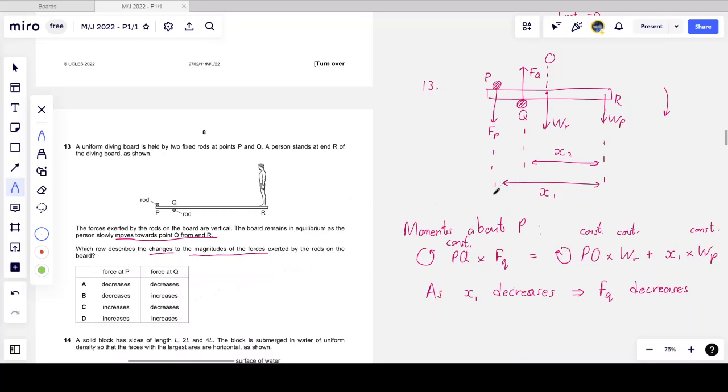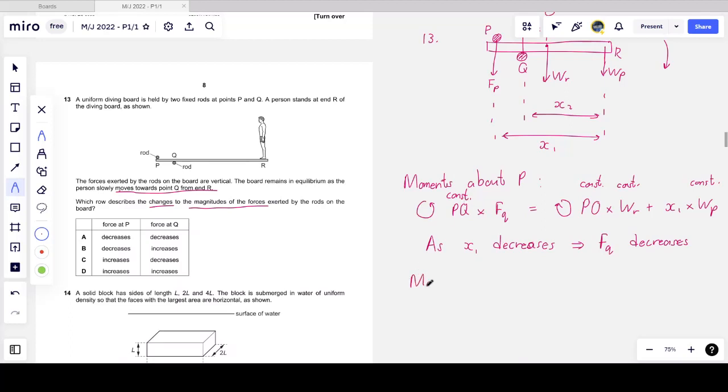So if I do a similar thing, and I take moments about Q, I find that anti-clockwise moments, PQ times FP is equal to QO times WR plus x2 times WP.